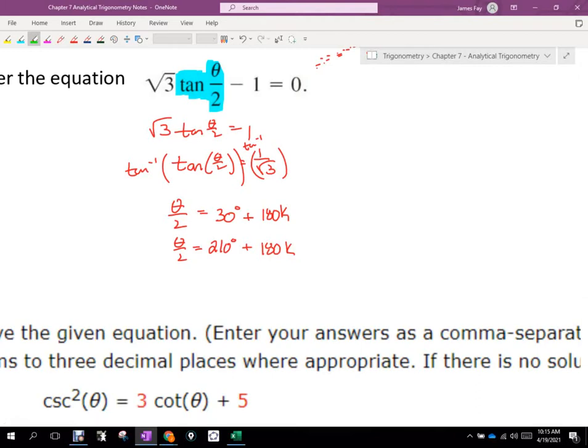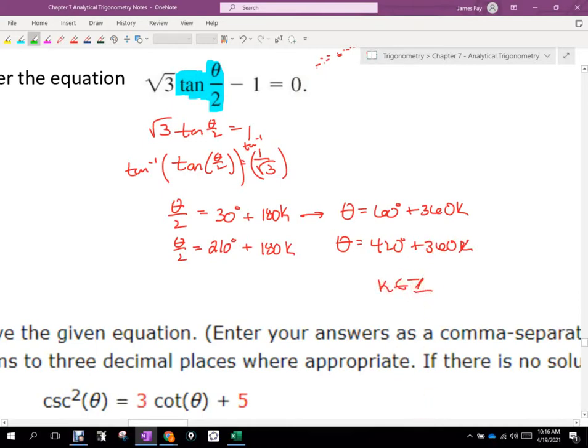But we don't want theta over 2. We're always solving for theta, right? So I need to multiply everything by 2 here. So we get 60 plus 360k, and this here will be 420 plus 360k. Remember, k is an integer.